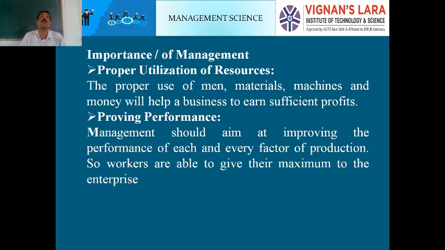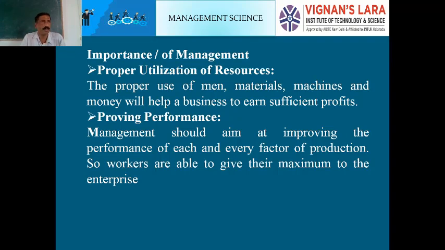These resources must be properly utilized. This is a problem. This is a challenge. This challenge can be met by management. That is, the proper use of man, material, machines and money will help the business earn sufficient profits.